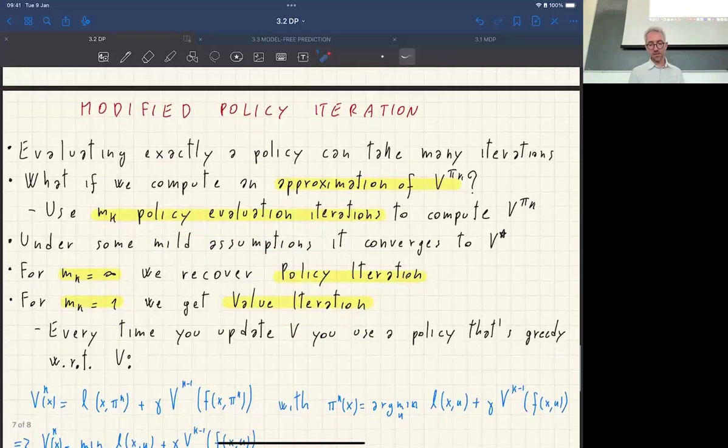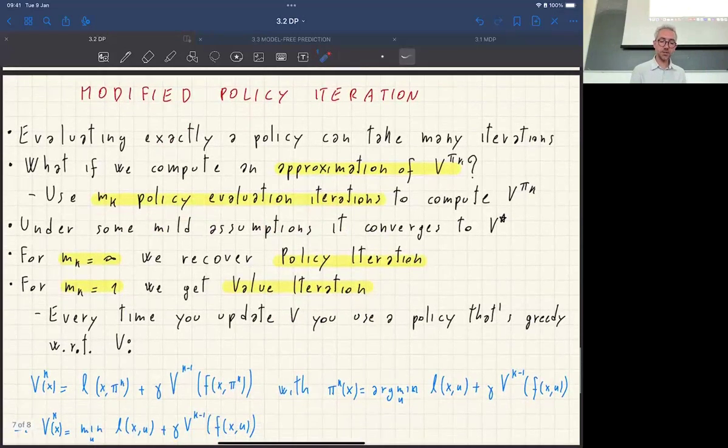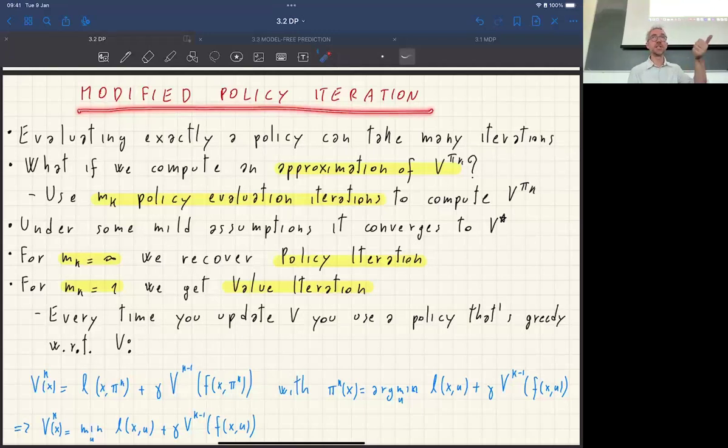If we do that, what we obtain is the so-called modified policy iteration algorithm, which is just a little variation of policy iteration, which early terminates the evaluation process of the policy.